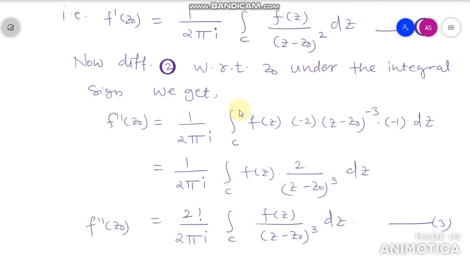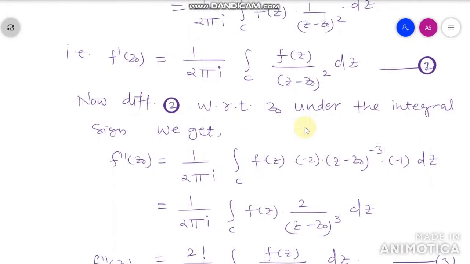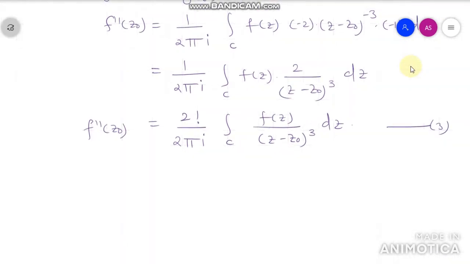So from equations 2 and 3 we have seen that, from equation 2, I would like to write this as 1 factorial. 1 factorial is 1, 2 factorial is 2. Suppose we want to differentiate the third equation.